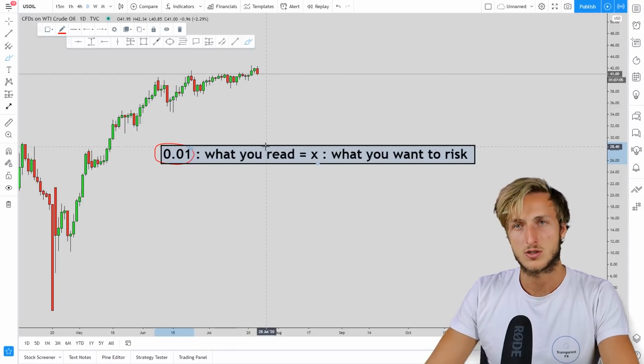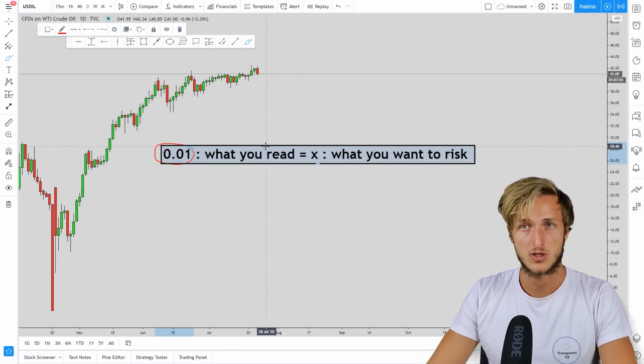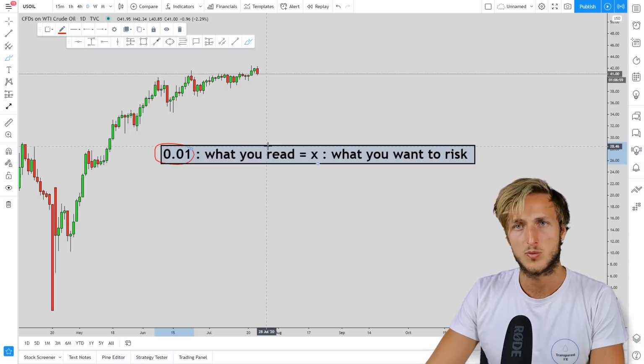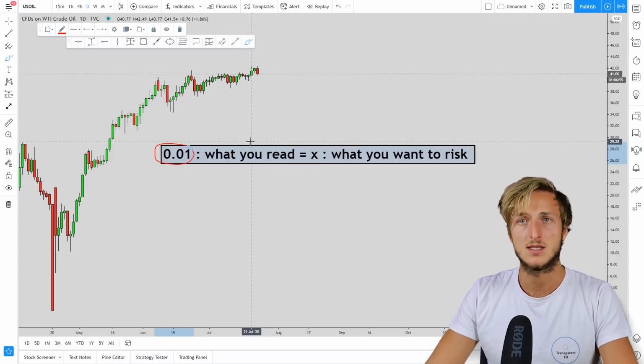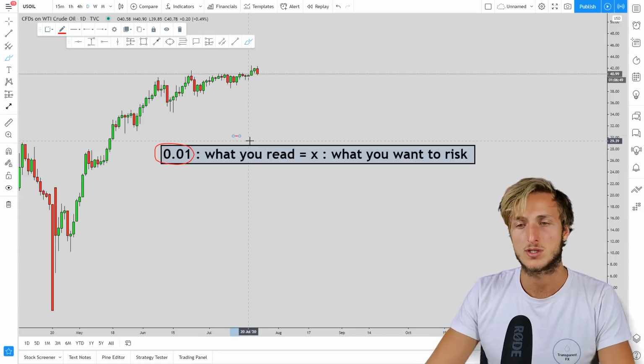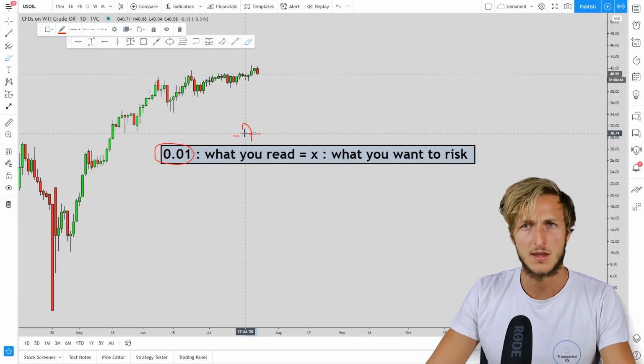And you just go on the stop loss and you read how much you're actually risking. So you place a 0.01 lot. Let's say you read there that by placing this 0.01 lot with that stop loss, if your stop loss gets hit, you will lose $7, okay?